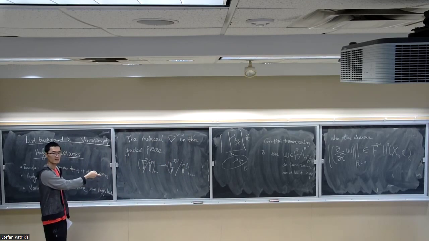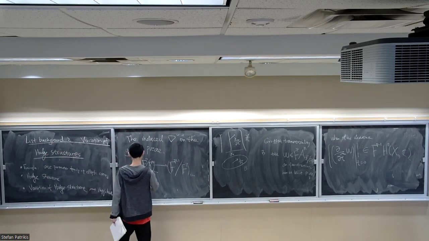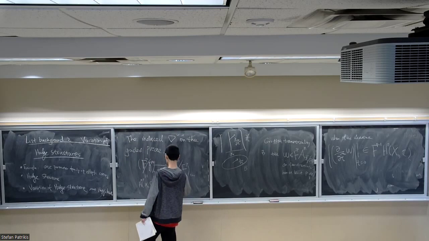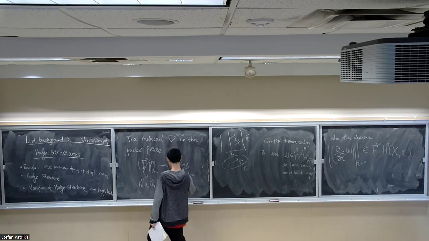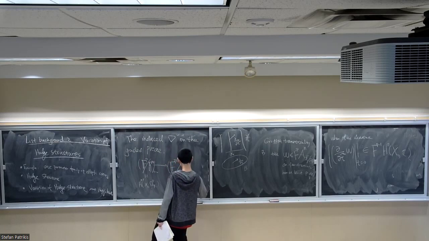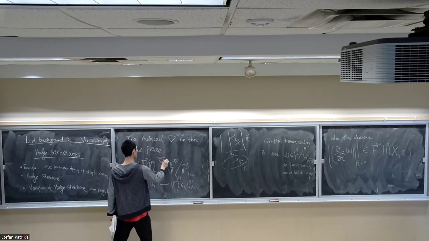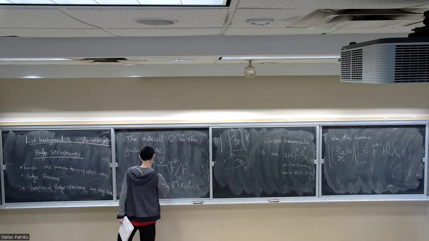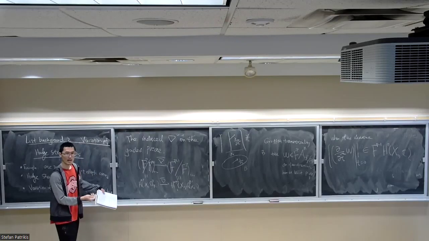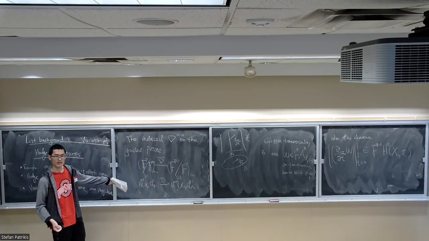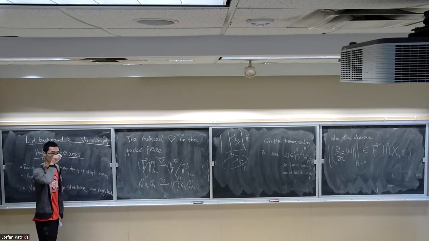By the degeneration of the E1 spectral sequence, this is identified with H^{n-p}(X_0, Ω^p), mapping to H^{n-p+1}(X_0, Ω^{p-1}), and you have this map, and so let's call this induced map nabla bar. So the upshot is that this nabla bar is exactly the cup product with the Kodaira-Spencer class.